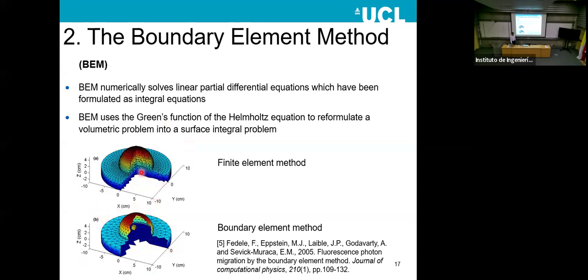First of all, you have a volumetric mesh within that domain, within that object, but here you only have surface meshes. Also here, the grids are a lot coarser than in the finite element method. And so that presents significant advantages, because you can reduce the amount of degrees of freedom required to solve a problem between the finite element method and the boundary element method.